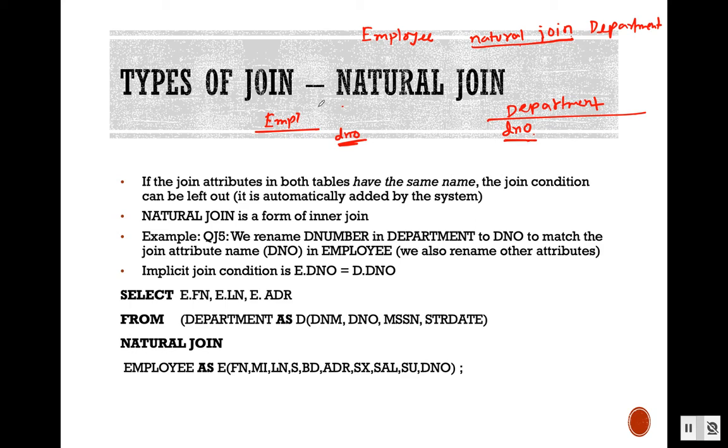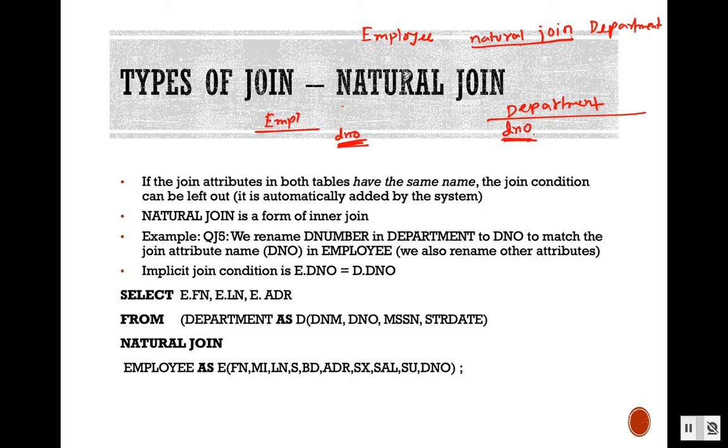By default it will create a join condition on the attribute which has the same name, the DNO attribute from both tables. So we can omit the join condition.